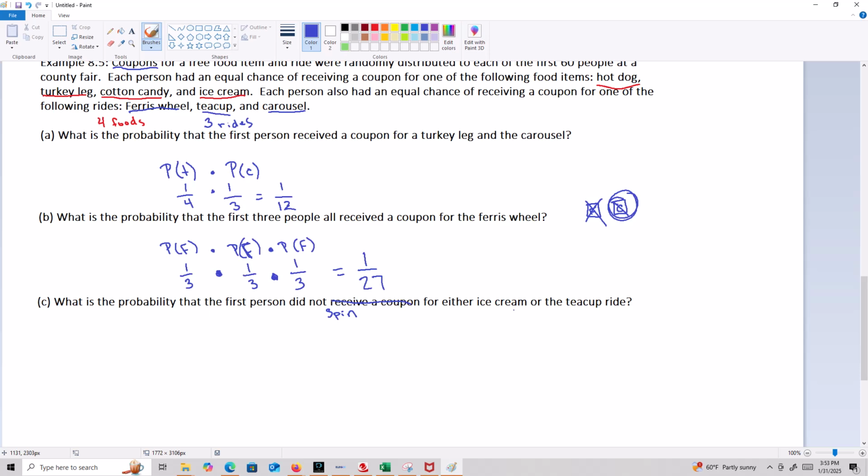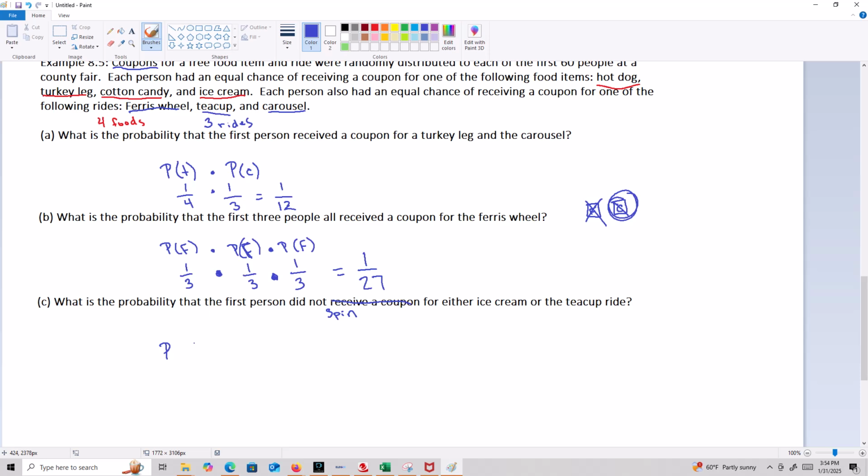So hopefully you see that they're really asking the probability that they got either the carousel or the Ferris wheel, or the probability that they got all the other foods except for ice cream. That's the complement. Hopefully you remember that. That's a couple lessons back.